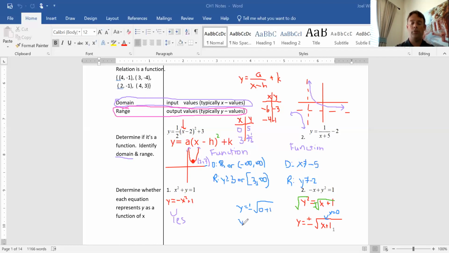So y would be equal to plus or minus 1. Notice, one x value, 0, gave us two y values, a positive 1 and a negative 1. All right. In other words, if I were to write these as points, I'd have the point 0, 1, and I'd have the point 0, negative 1. In other words, I would have had an x value that would have repeated. So therefore, this one right here is not a function.